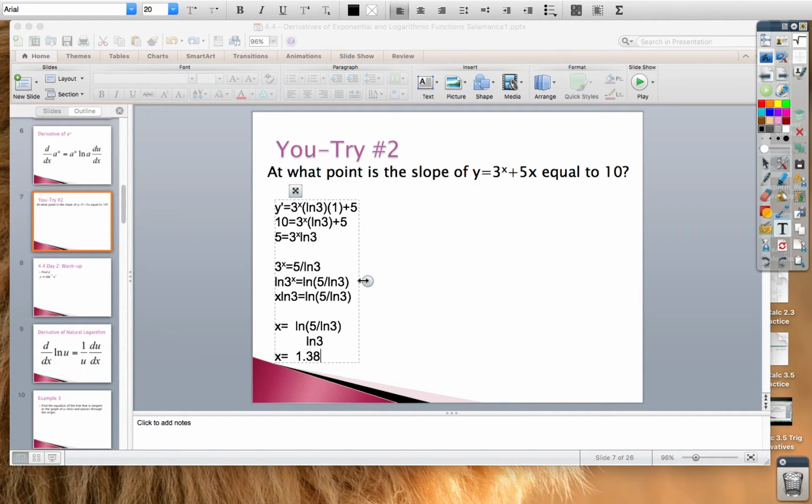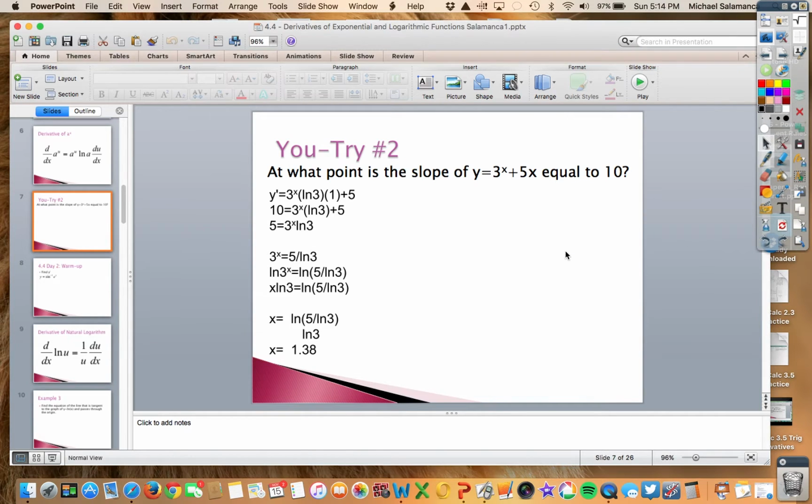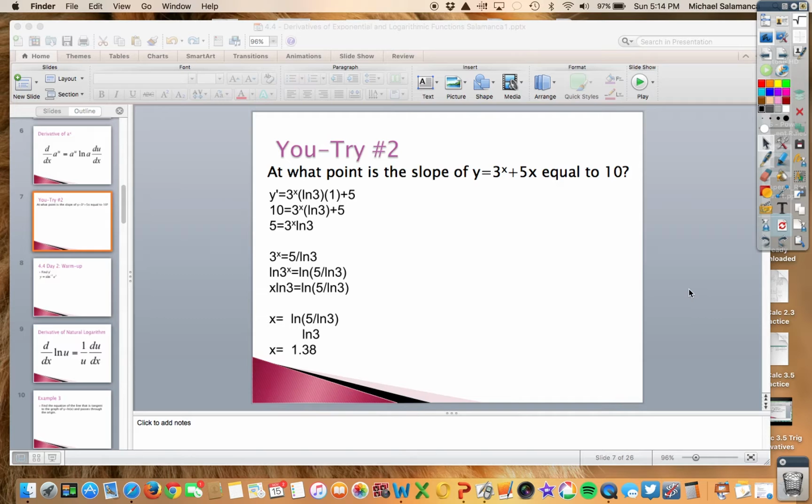Now they asked us for at what point. So far we've only given them half of the ordered pair that we need. So we're now going to take this and plug it back into the original, because now we have the slope.